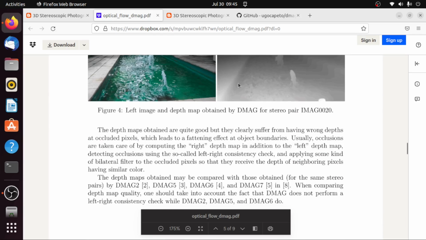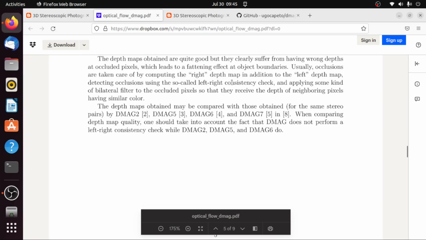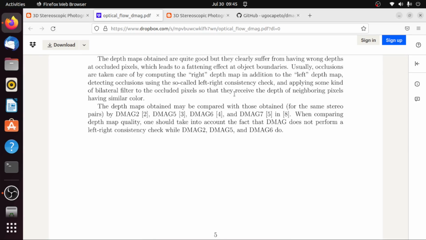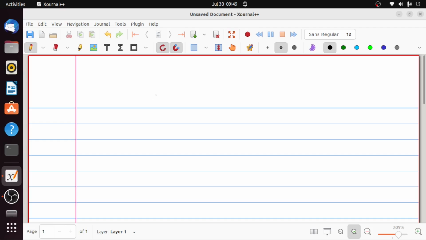So it's not something I would recommend to get depth maps. And also the advantage of this is that you don't need to give the minimum and maximum disparity. This thing figures it out automatically. So that's a plus.